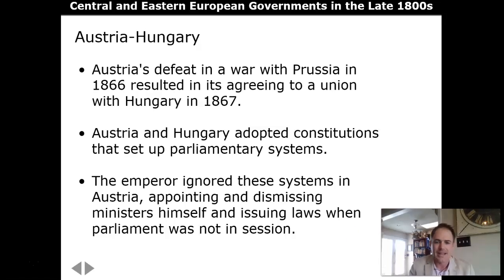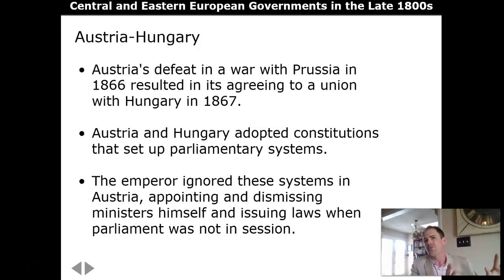Like I said, Austria-Hungary, experiencing turmoil, was defeated in a war with Prussia, and they set up these dual competing systems, all under the one emperor, who himself was also quite authoritarian.